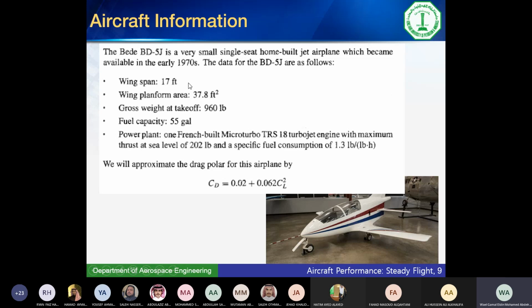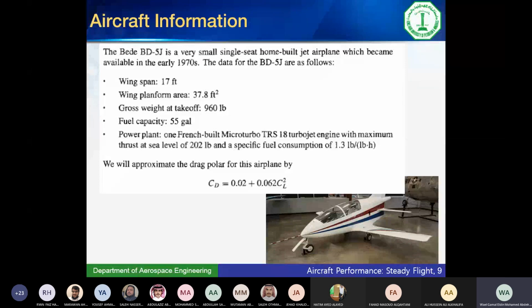So for this problem, as Hatim mentioned, we need the planform area. So we have it. We need the takeoff weight. We have the takeoff weight. We need the density at sea level, because the aircraft will be stalled at sea level. Density at sea level from the standard atmosphere data is 0.0023.